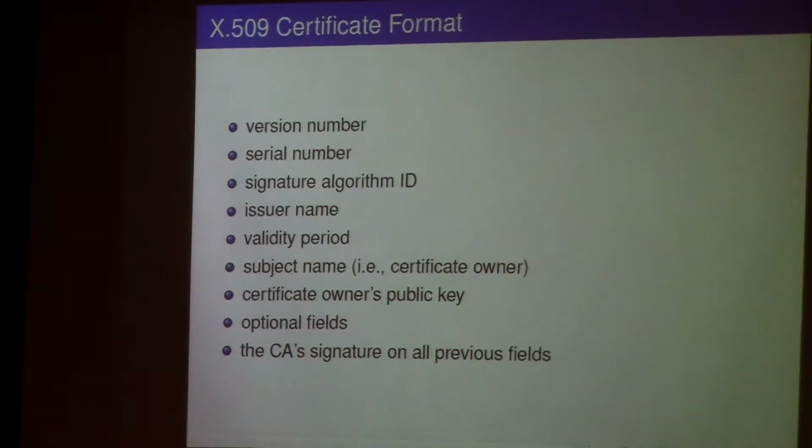The rest are documentary, bookkeeping information. But the main thing is the certificate owner's public key and the CA's signature on everything. These two would constitute the certificate for a particular user.